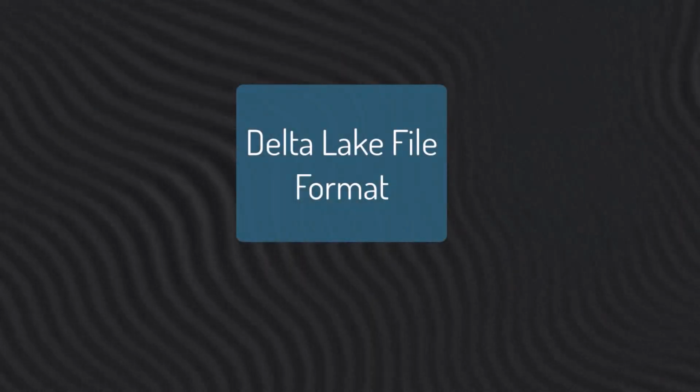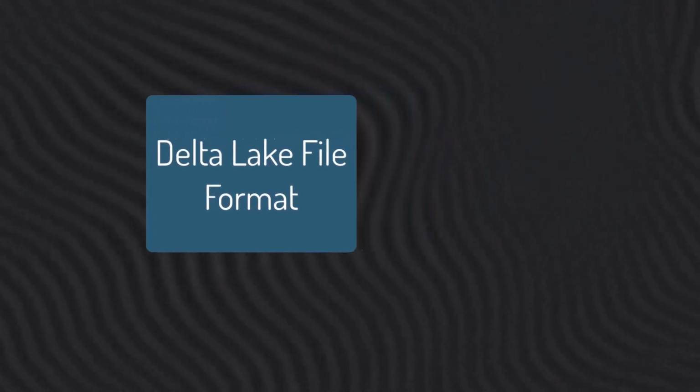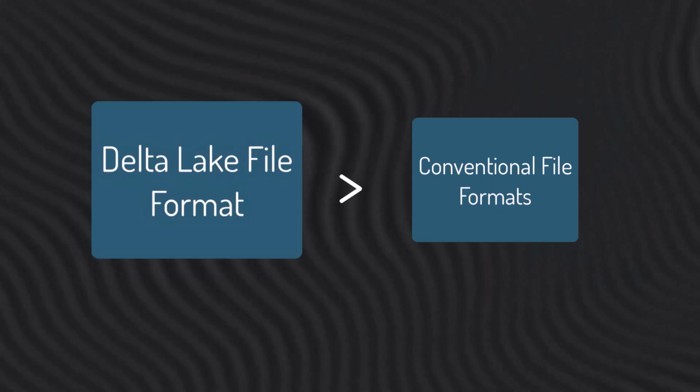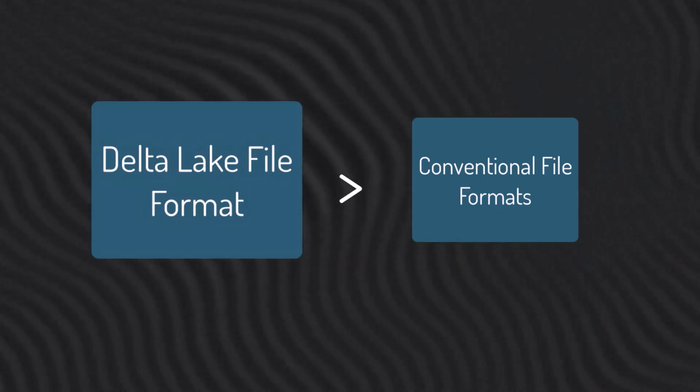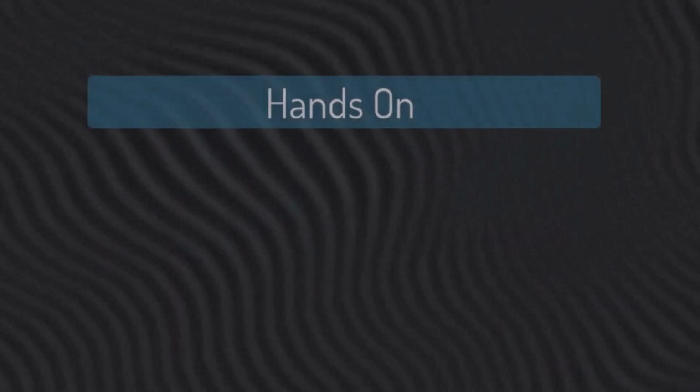And then we will understand the Delta Lake file format and how this particular file format is much more efficient than the other conventional file formats. And once we discuss this, we will be jumping right into the hands-on part.